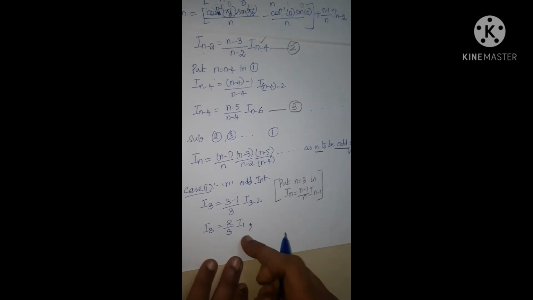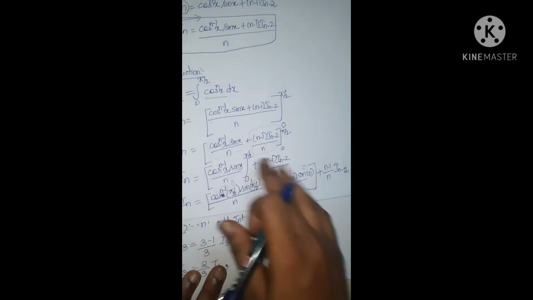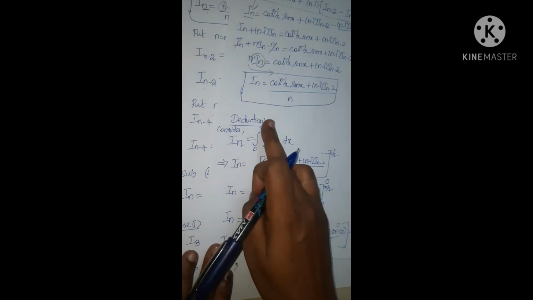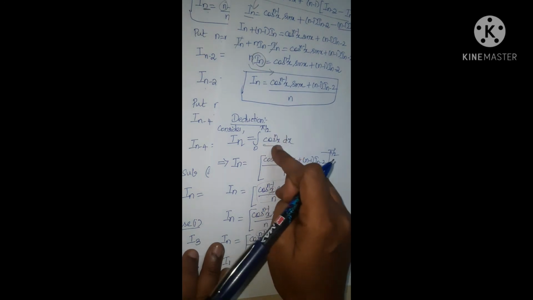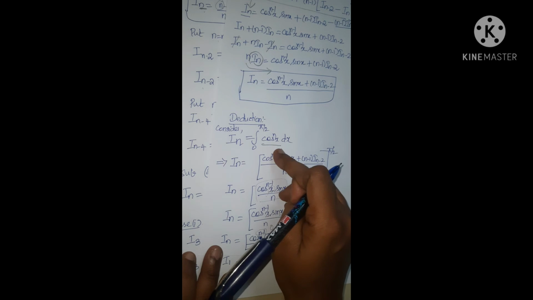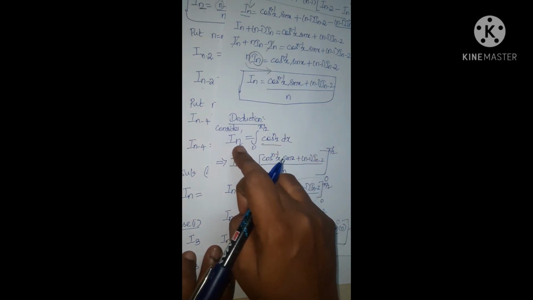Provided, what is I 1? Getting back to our integral. When we started the deduction part, we took I n is equal to integral 0 to pi by 2 cos power n x dx. This is the original function. In this original function, let me put 1 in the place of n.